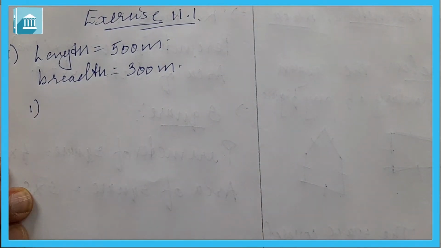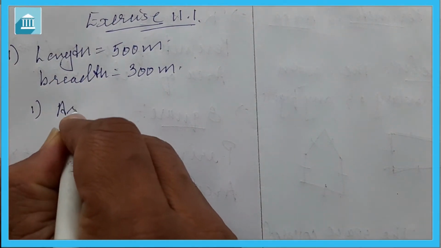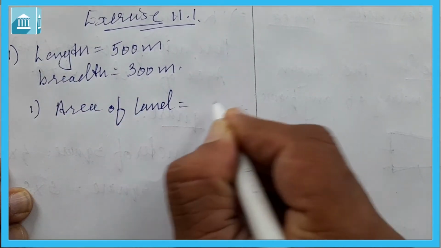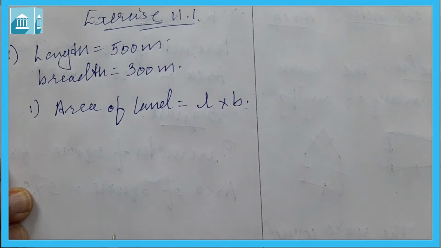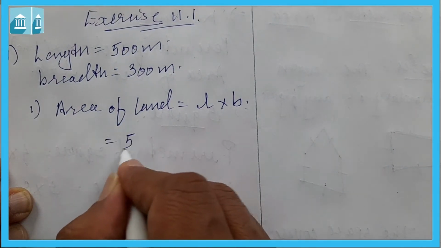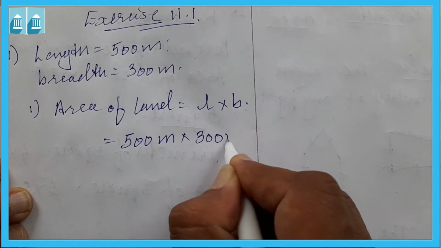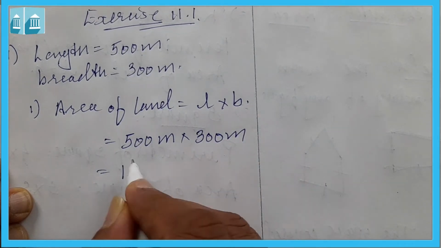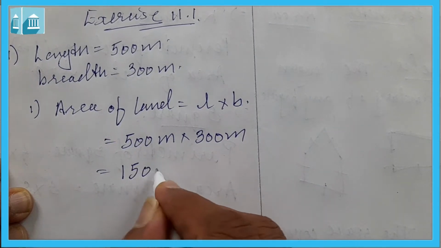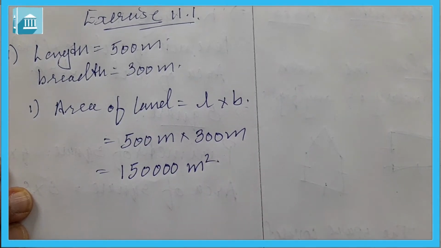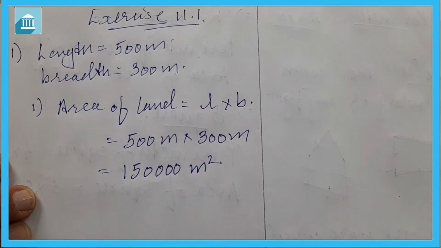It is a rectangular piece, so area of land is equal to L into B, which is equal to 500 meter into 300 meter, which is equal to 1,50,000 meters square. This is the area of land.